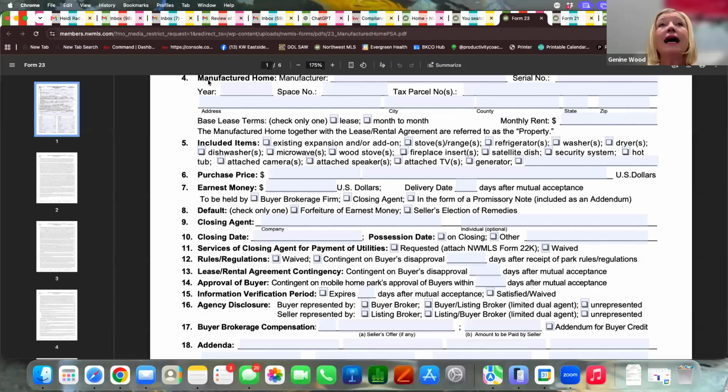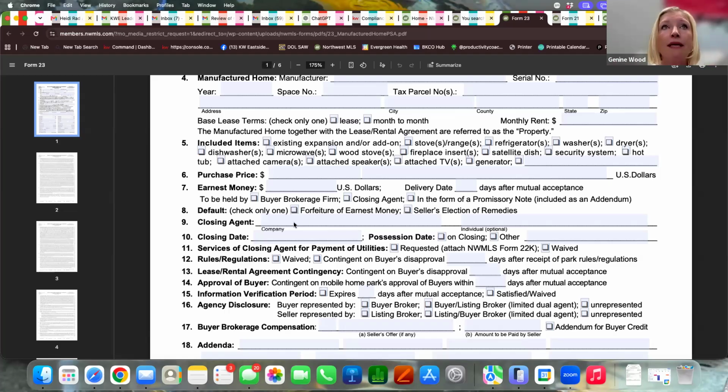Is that personal property? It is personal property. It's considered a vehicle. So it's very similar to how you would sell a car in essence. But luckily they give us this avenue to be able to do so, because we can't sell cars necessarily with a real estate license otherwise.